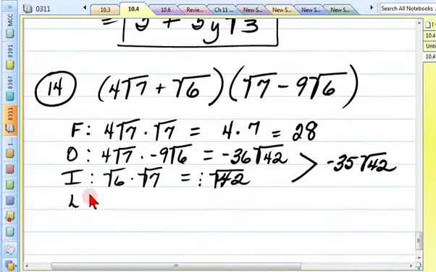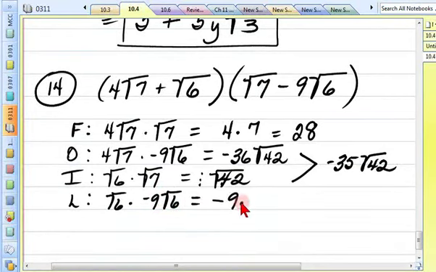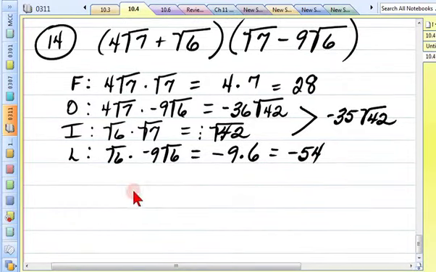The last is square root of 6 times negative 9 square root of 6, which is negative 9 times 6, or negative 54. So I'm going to have 28, which is the first.